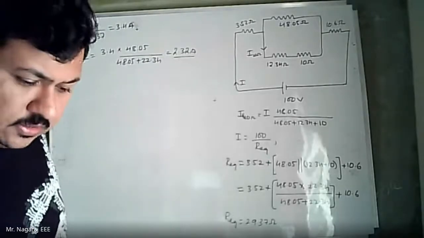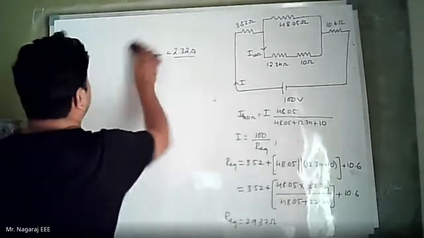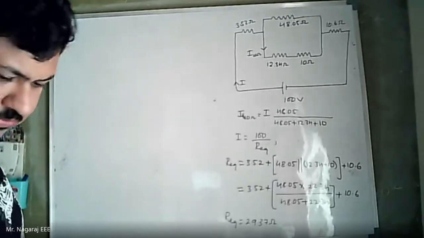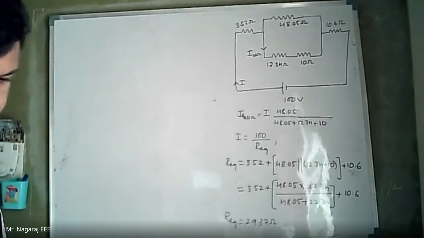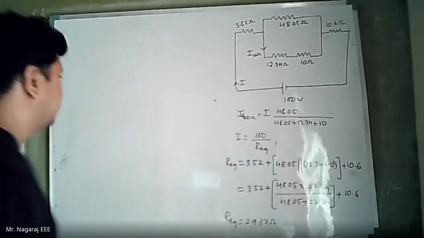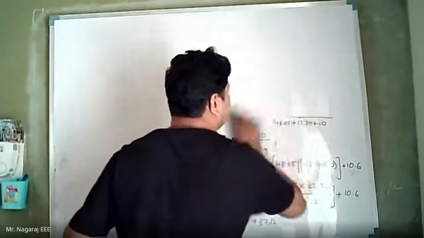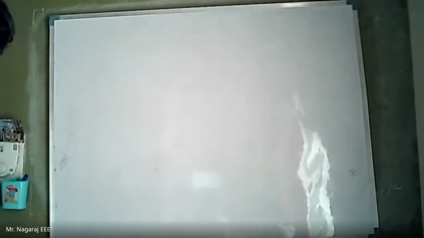Find the total current delivered by the source in the circuit shown below. It is a bridge network or bridge circuit.